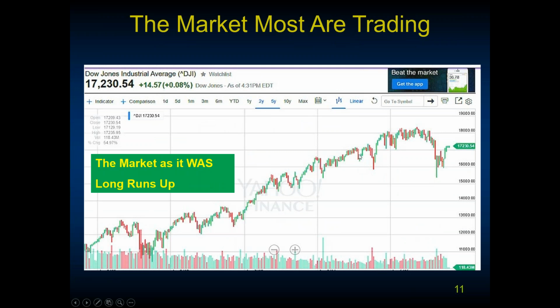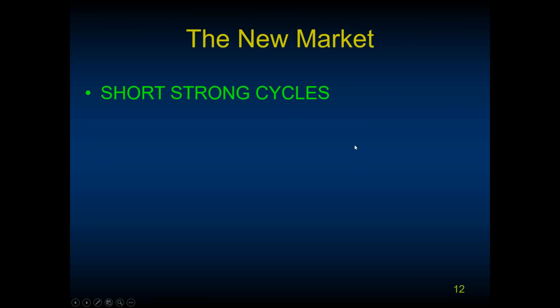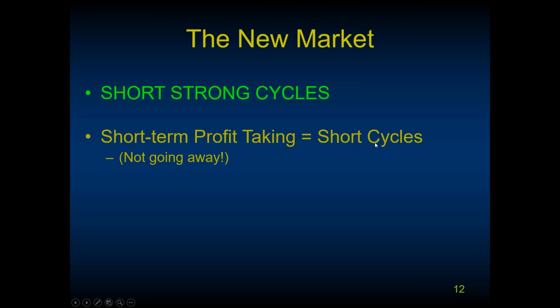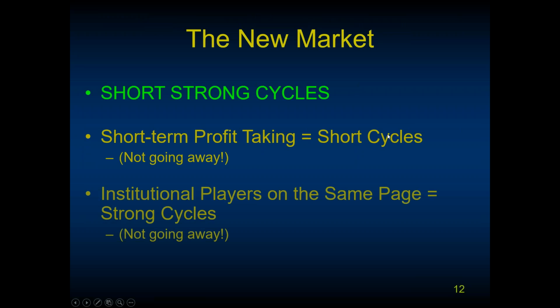The market most people are trading is the market as it was. There were long runs up. It was just going up, and the runs would last for days and weeks, and it was a lot simpler to trade. So the new market is short, strong cycles. It's short profit taking by the big block buyers, the institutional buyers, that are taking the profits as soon as there's a move one way or the other, and that's not going away.